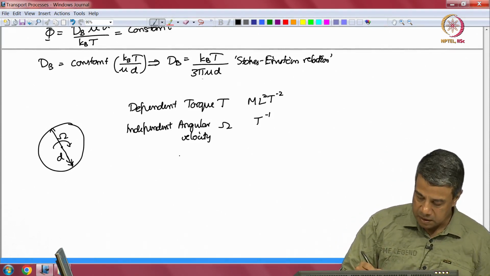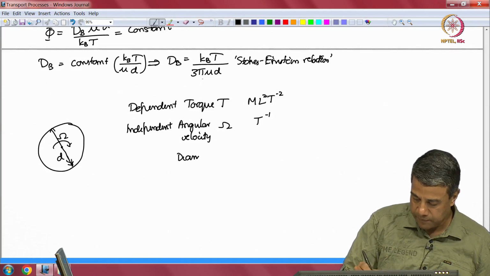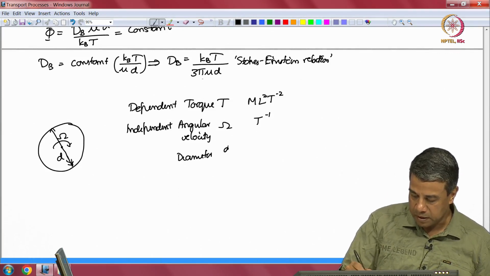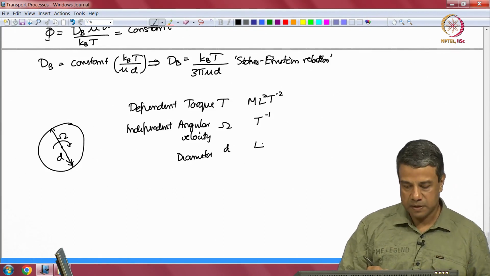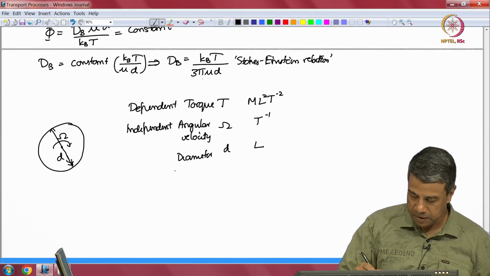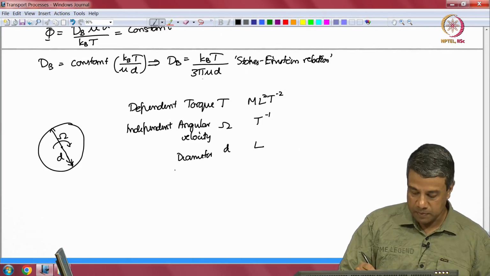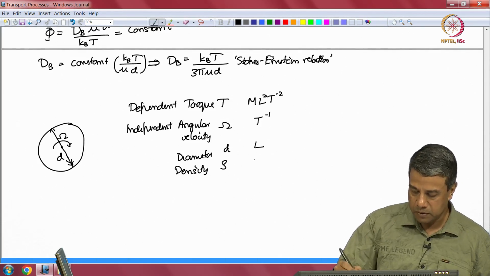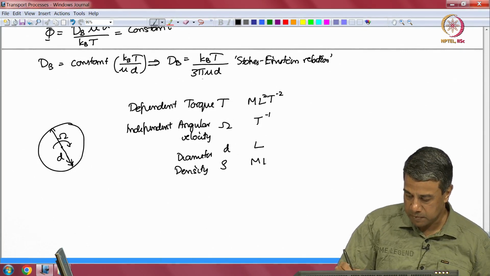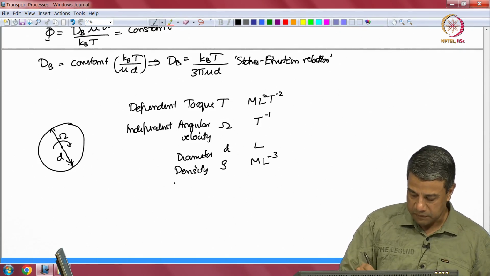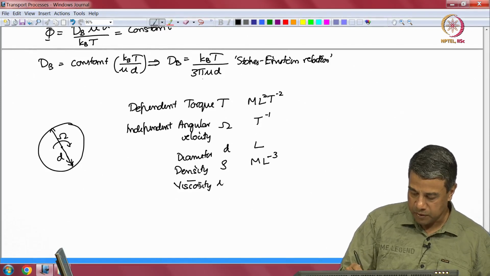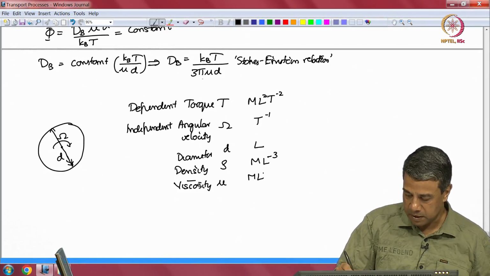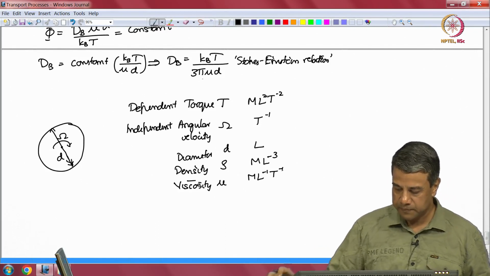The diameter d with dimension L, and then the fluid properties density rho with dimensions m L power minus 3 and viscosity mu with dimension m L inverse T inverse.